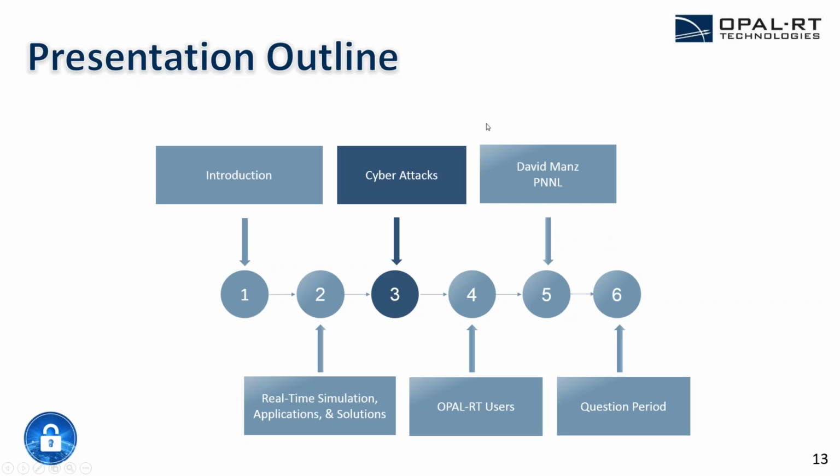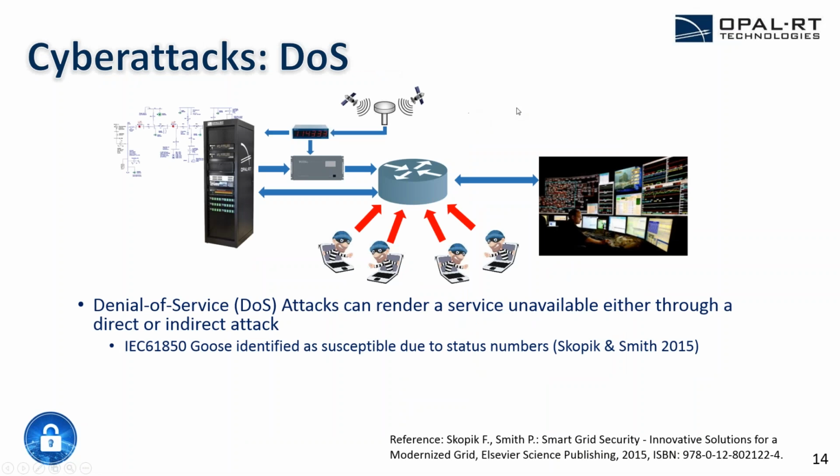Next section will present a few cyber attacks that are of interest to power system professionals. The first one being denial of service. So DoS is commonly what renders search engines, social media networks unavailable. A lot of us are familiar with this, but the same principle applies to the power grid.